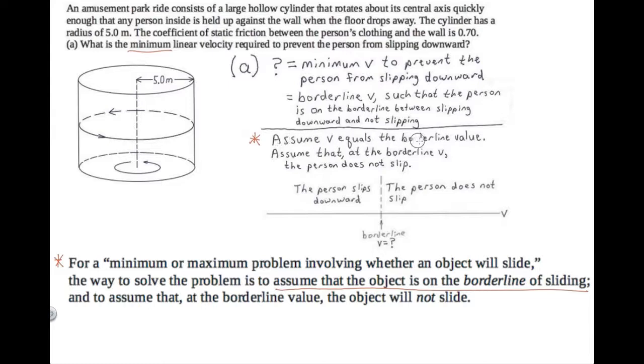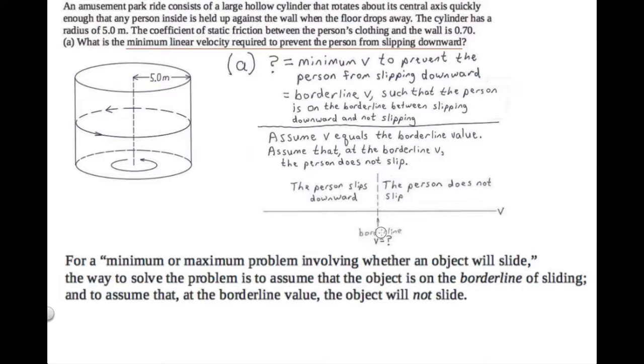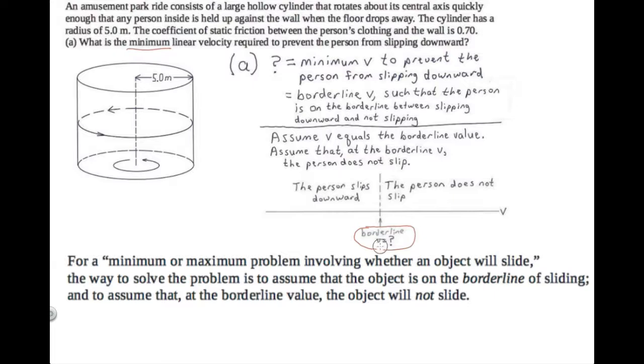The problem refers to the borderline speed as the minimum required to prevent the person from slipping downward. So if the speed is greater than the borderline value, the person will not slip. And if the speed is less than the borderline value, the person will slip downward. But what will happen if the speed is equal to the borderline value?